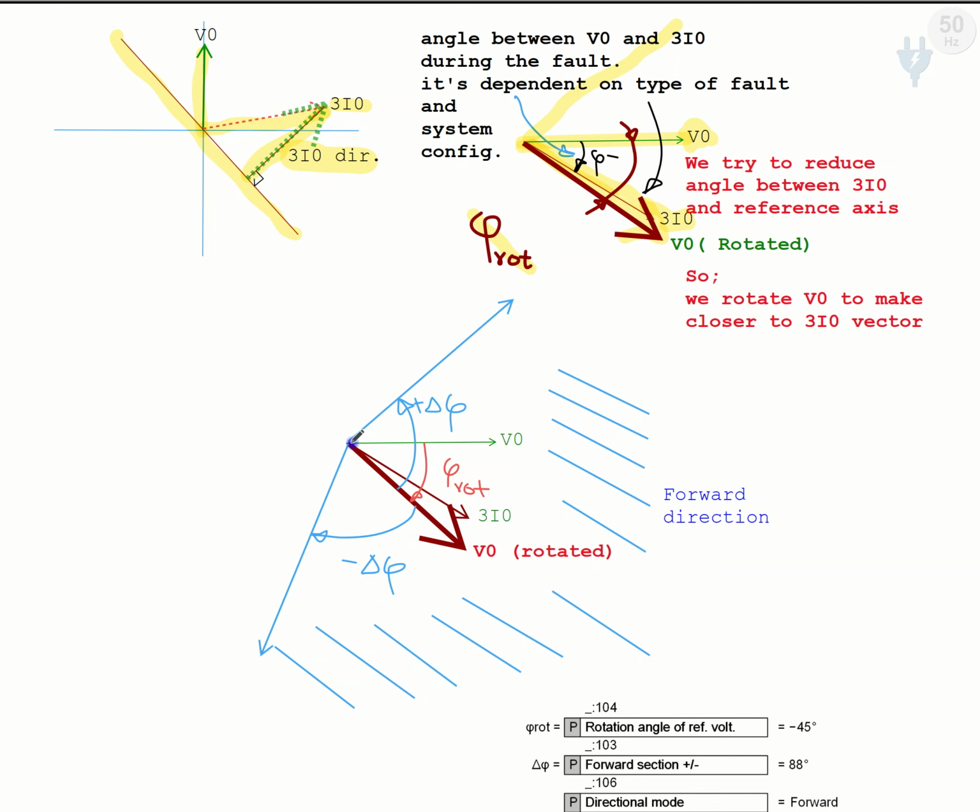To understand it better, we have V0 here, and 3I0. Then we tilted this V0, giving V0 rotated. From this V0 rotated or V reference rotated, the rotation angle is phi rotated.